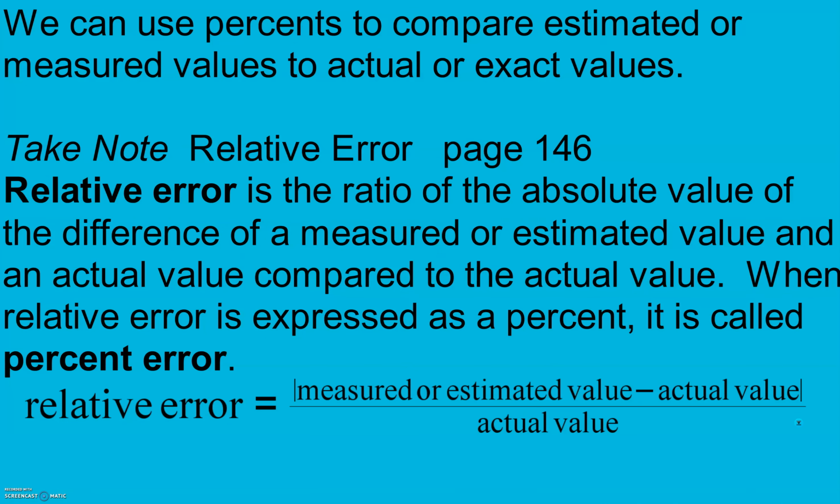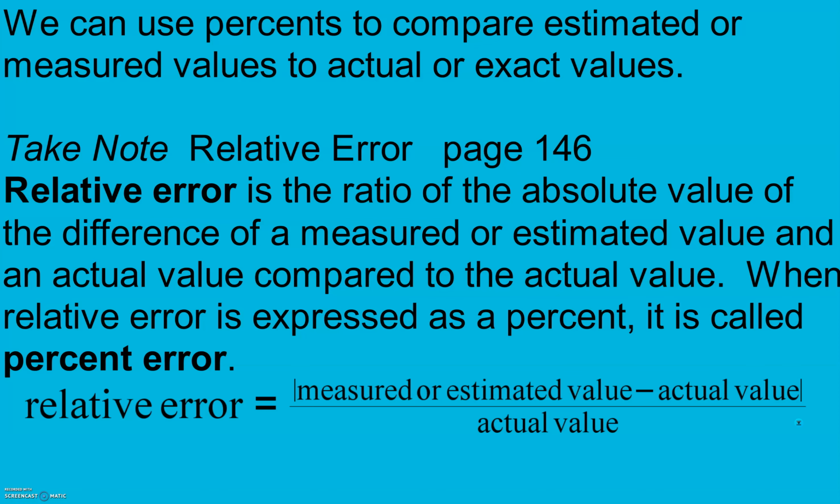We can use percents to compare estimated or measured values to actual or exact values. So the take note on page 146 at the top talks about relative error. Relative error is the ratio of the absolute value of the difference of the measured or estimated value and an actual value compared to the actual value. When relative error is expressed as a percent, it is called percent error.